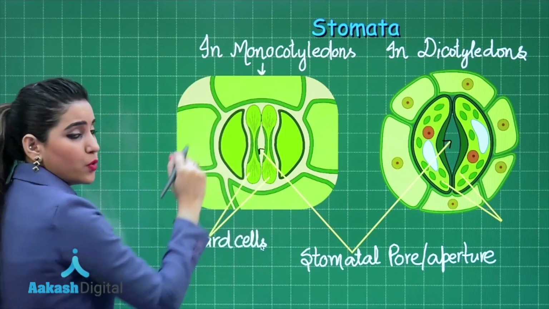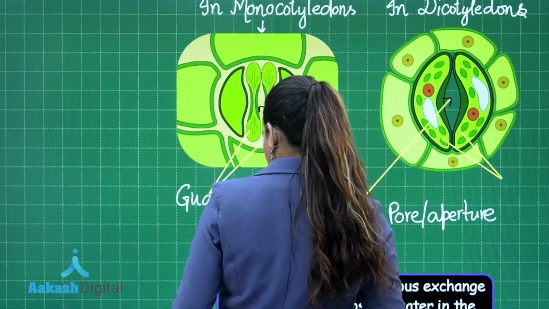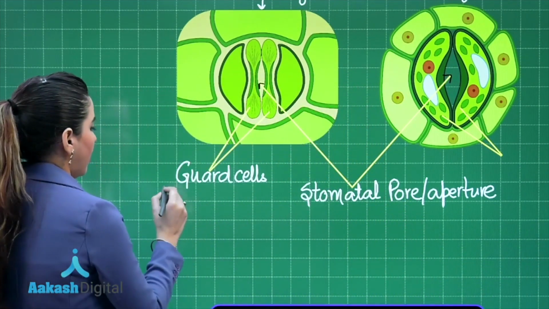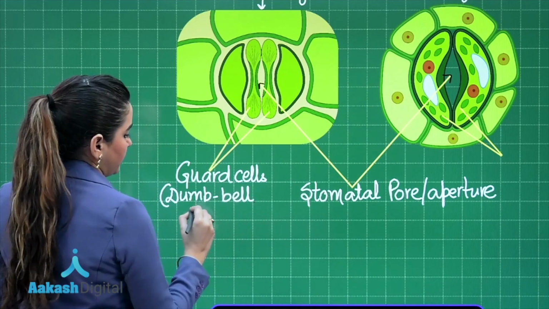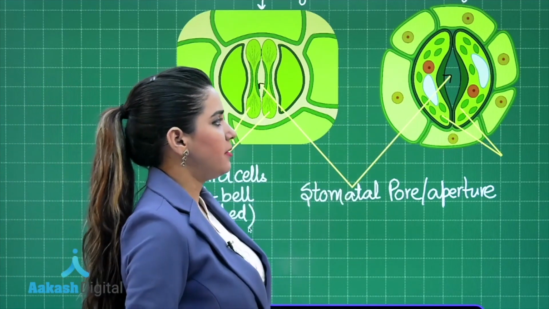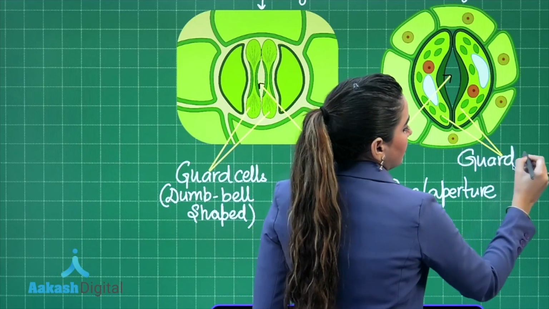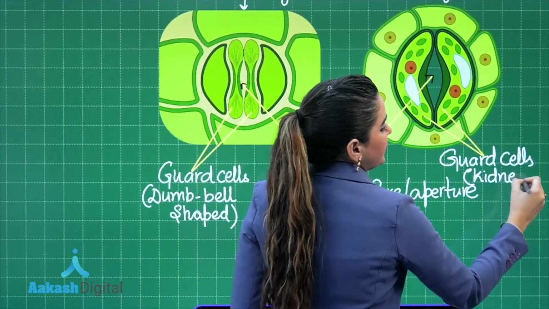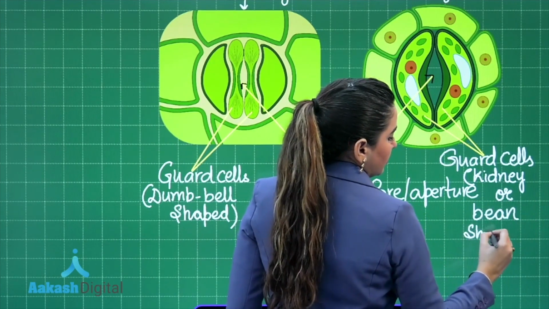In case of monocotyledons, remember, this is an important point: in monocots, the guard cells are dumbbell shaped. All right. And here, what do you see? More of kidney shape, right? So again, we'll write this is guard cells, but they are kidney shaped or bean shaped.